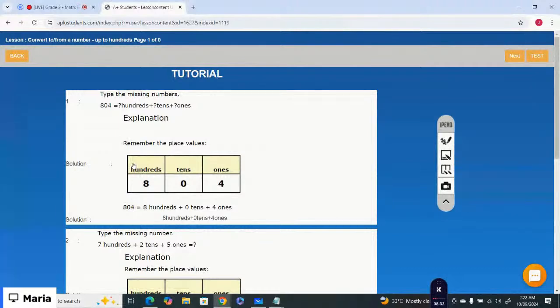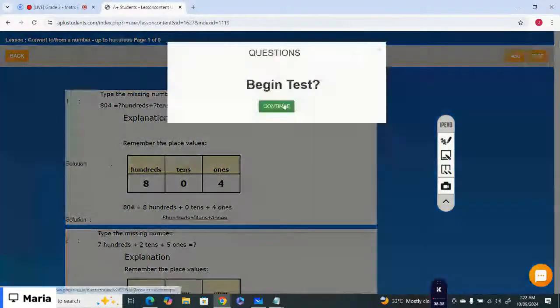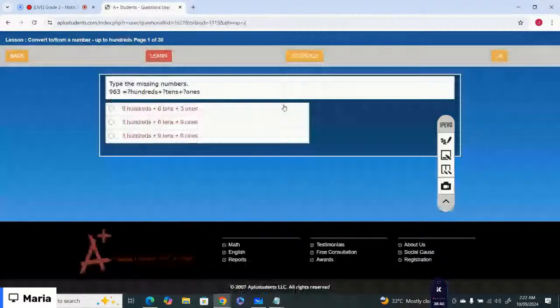Let's start with the test questions. Type the missing number 963. Which digit is at the hundreds, tens and ones position?